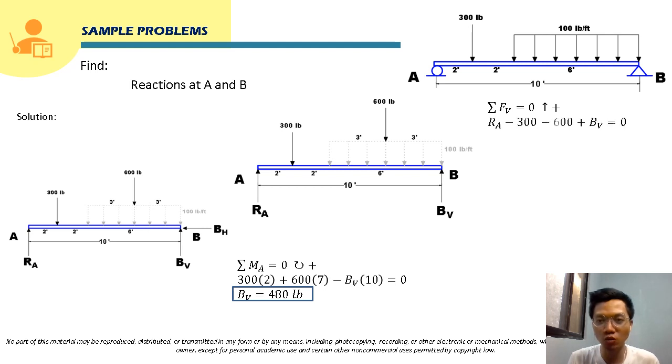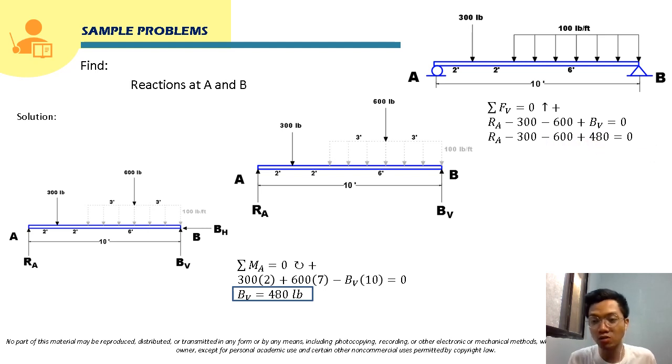We will start with RA. RA will be positive since it is directed upward, minus 300 since it is directed downward, minus 600 since it is directed downward, and plus BV. Since we have already solved for the value of BV, we will just substitute that. So this will become RA minus 300 minus 600 plus 480 is equal to 0.